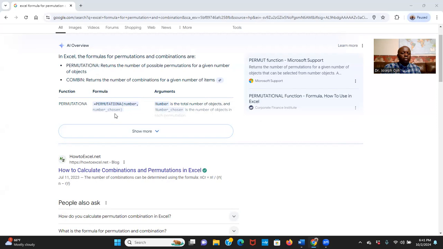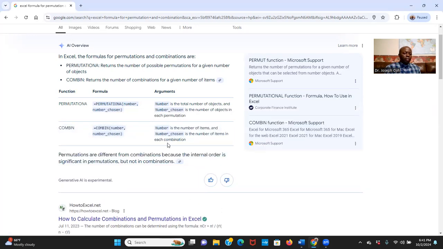So now let's say that we have Excel. See the formula. Let me write it down so you can see the formula in Excel.